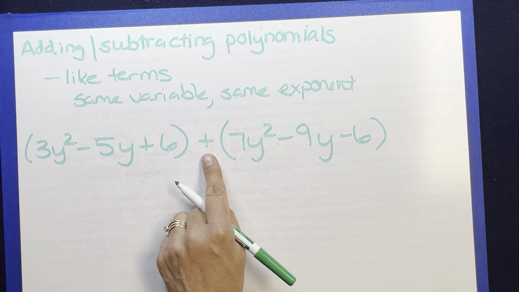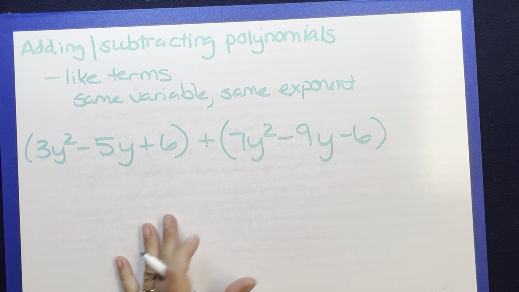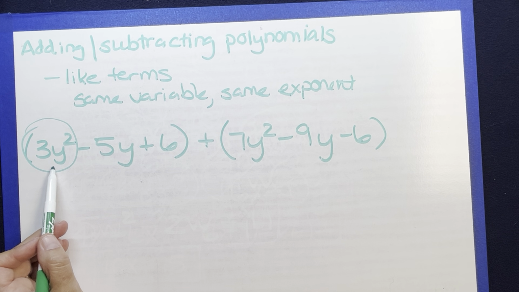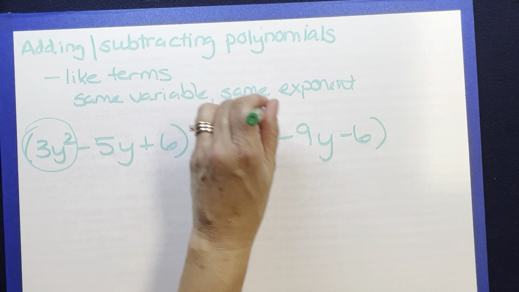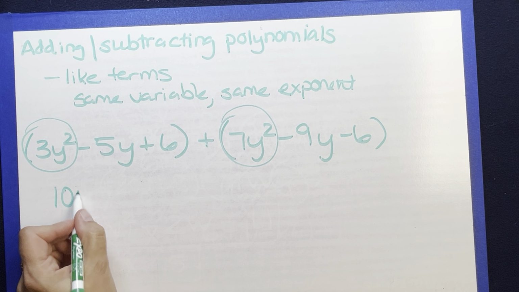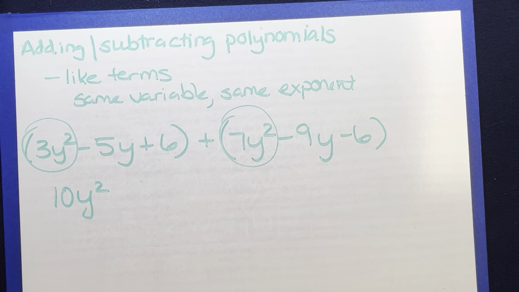I don't need to distribute that negative through. So I think what I'm going to do is just start looking for my like terms. So let's start off with the biggest exponent, so a 3y squared and a 7y squared. These are both positive, so I'm just going to add them together, so I get a 10y squared. And those are used up.